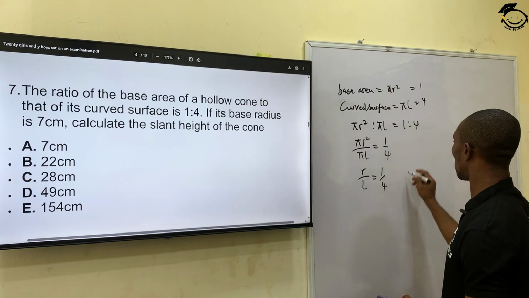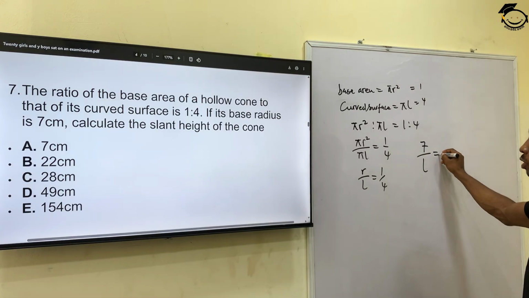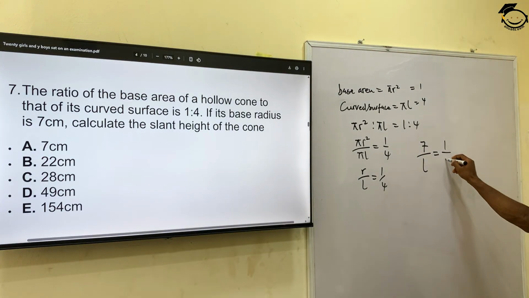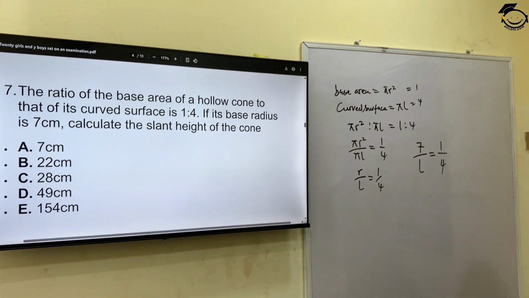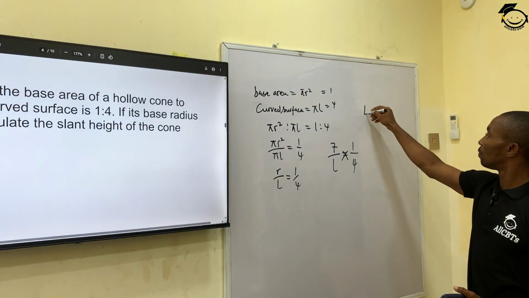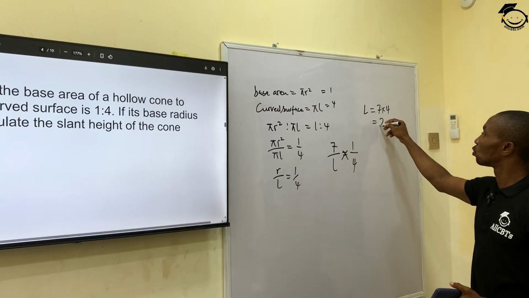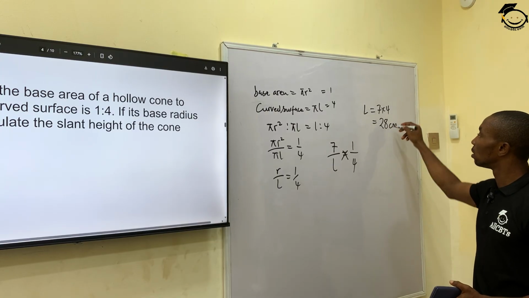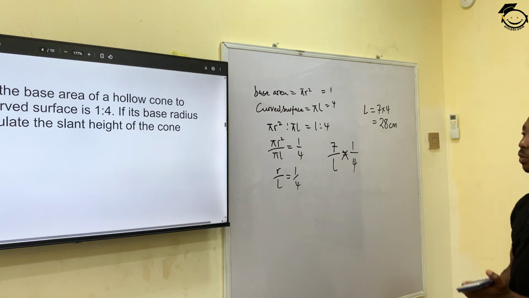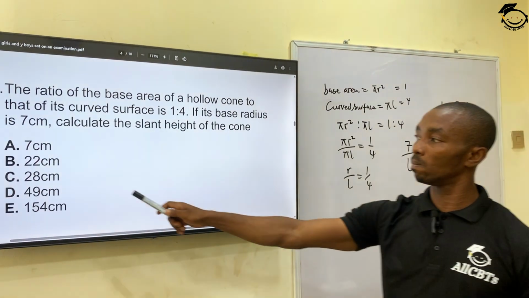Replacing our radius, 7 over l equals 1/4. Cross multiplying, l equals 7 times 4, which is 28 centimeters. So 28 centimeters is our answer, which is option C.